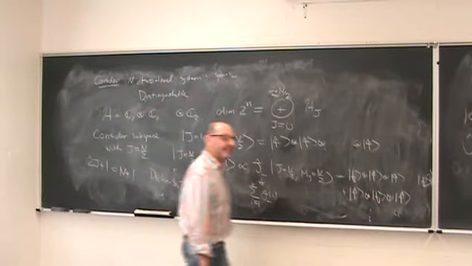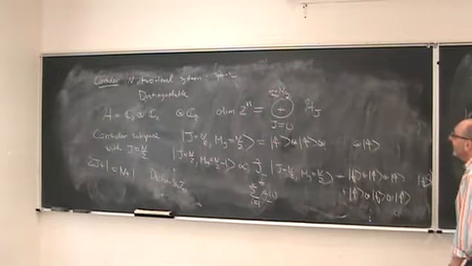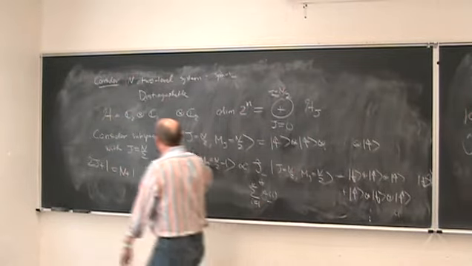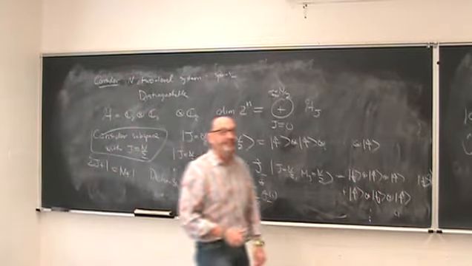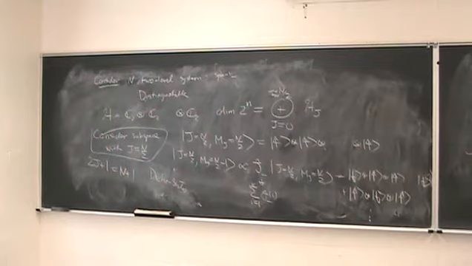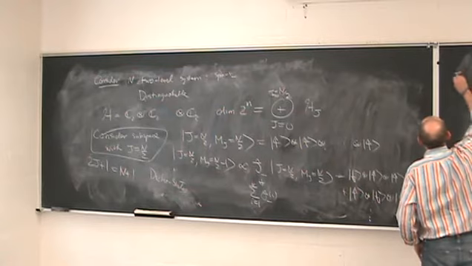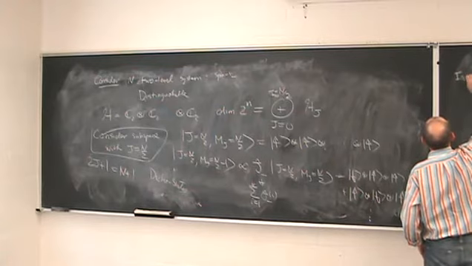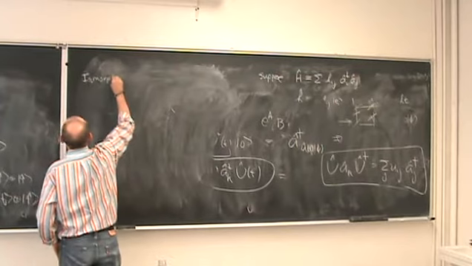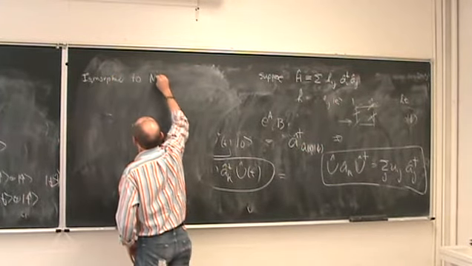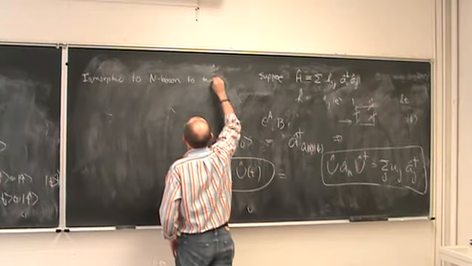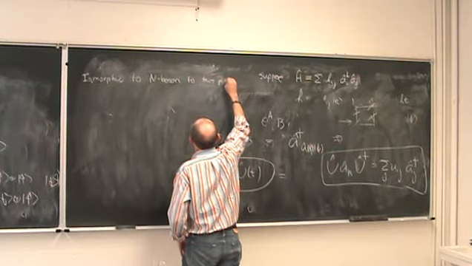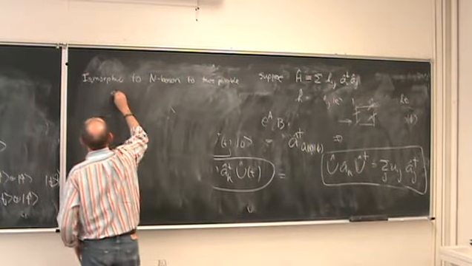So this subspace is one and the same as n bosons in 2 possible single particle states.